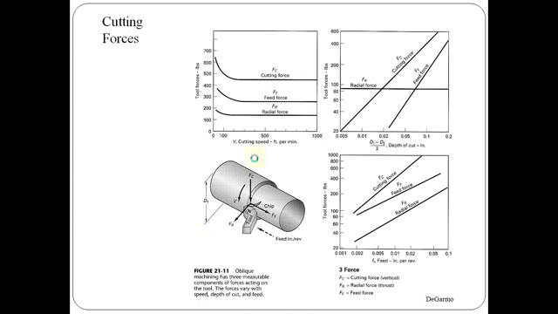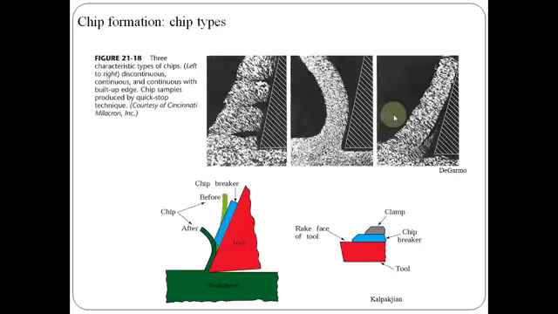In the last classes we saw the effect of cutting speed on the forces, and these three parameters are the major ones influencing all the variations in the forces involved. Hence come the stresses, and thereby we can decide the power required for this machining process.